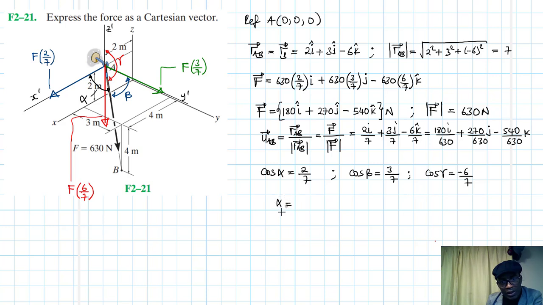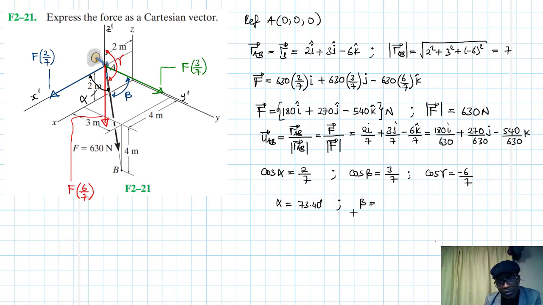And alpha is just going to be equal to 2 divided by 7. Cos inverse of that gives us a 73.40 degrees.